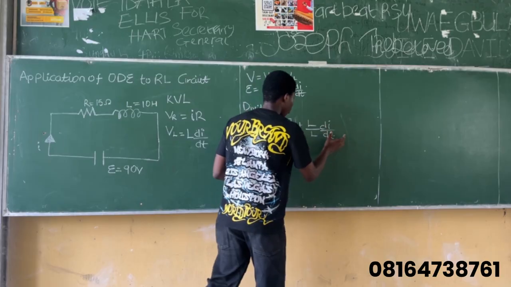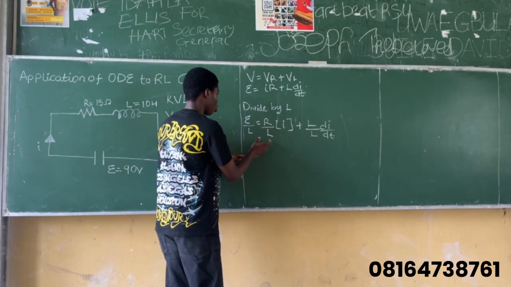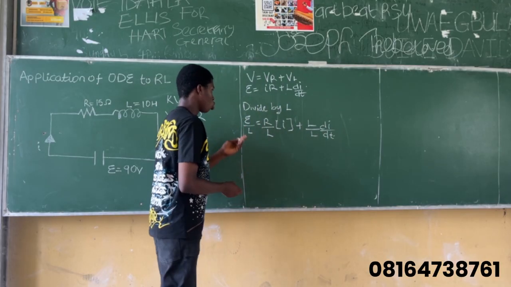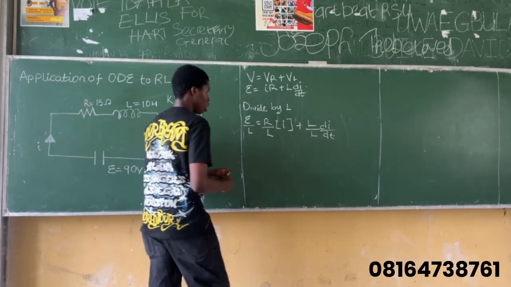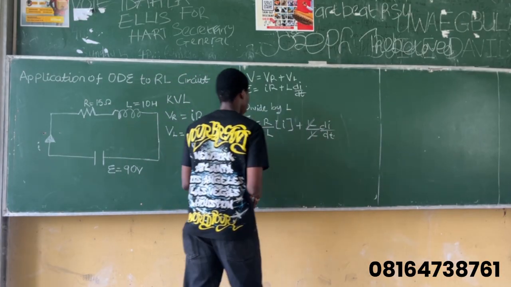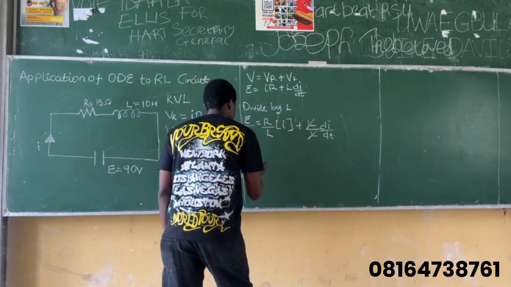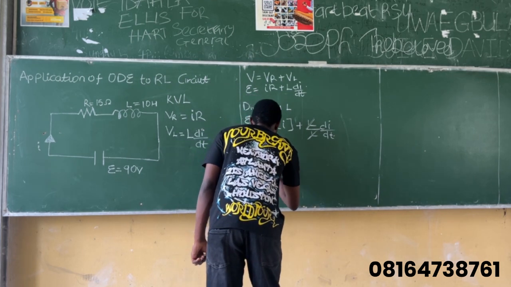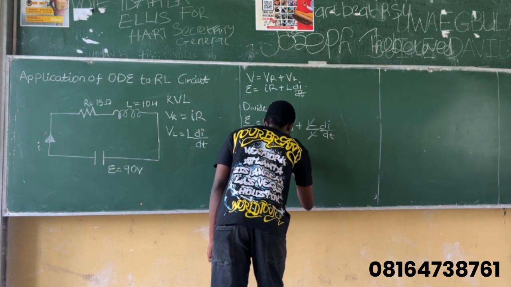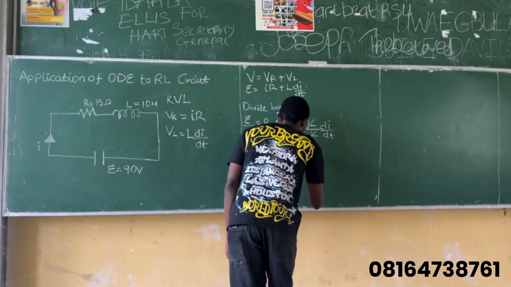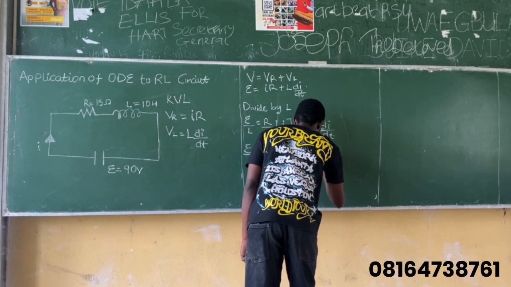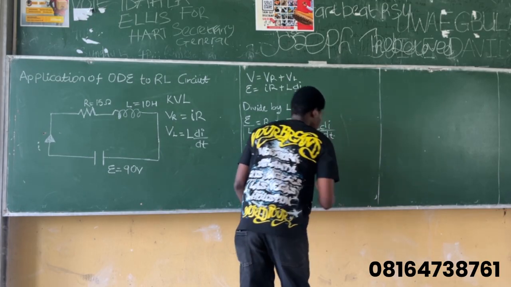We are having the di over dt, we're having R over L, we're also having E over L. So now let's cancel out. L cancels out this. So now we'll be having E over L is equal to R over L I plus di over dt.